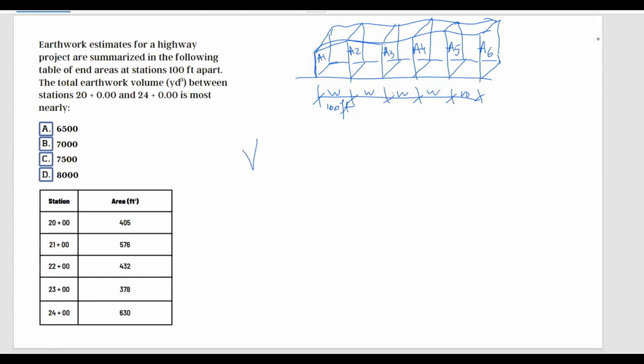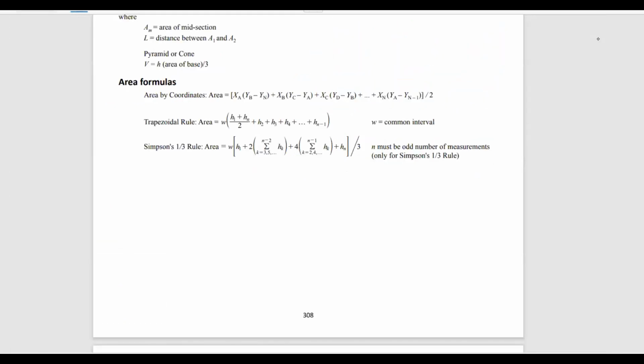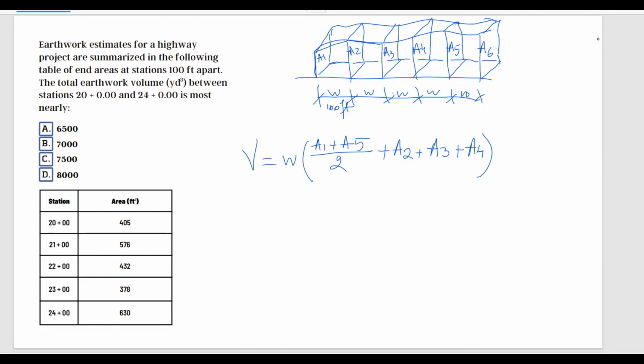So the volume is going to be equal to W multiplied by A1 plus A5 in our case, divided by 2, plus A2 plus A3 plus A4. Going to the FE handbook, the only thing we did was substitute our areas instead of the height. Great. Now we can substitute. W is 100 feet.